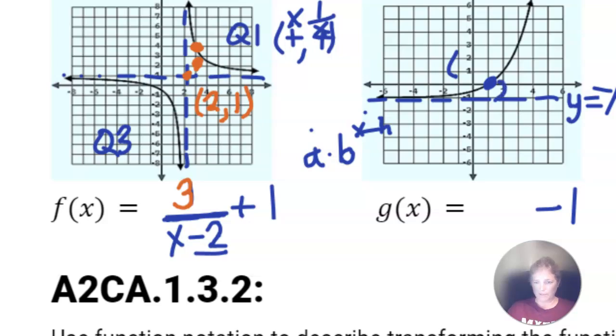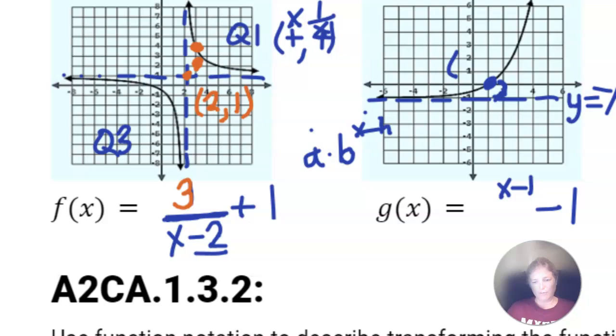And so this height here, this movement, that's telling me that's my new key y-intercept point, which means not only did I move down by 1, I also moved to the right by 1. So my exponent will read x minus 1.